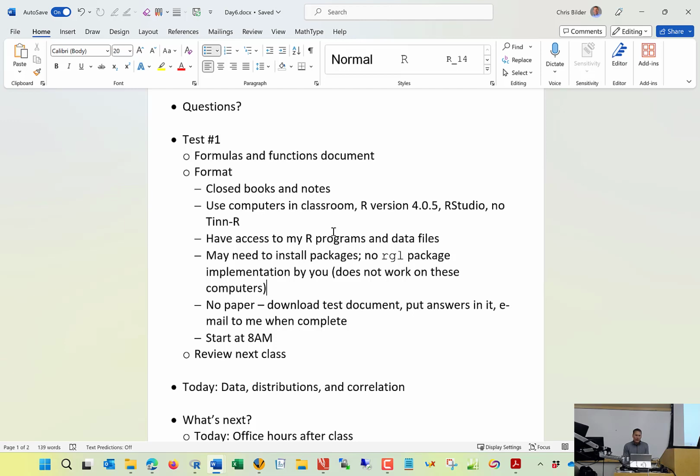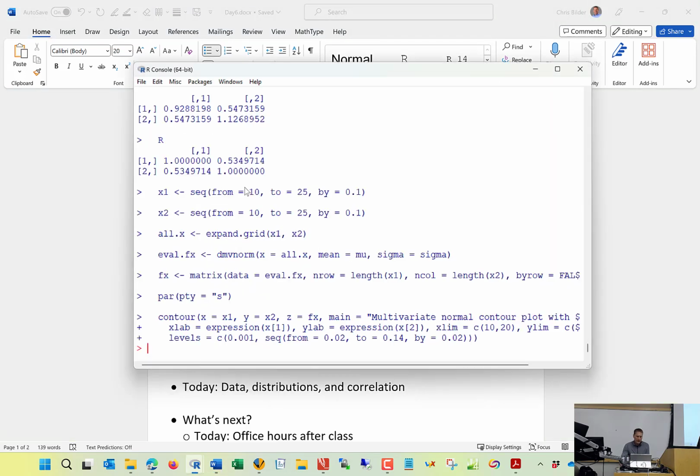Now again, you're going to be using the computers in the classroom here, and so on Tuesday after our class, I wanted to take a closer look at these computers. I logged on, and unfortunately it looks like they have an old version of R on them, version 4.0.5. I think now we're up to about version 4.2, if I remember right.